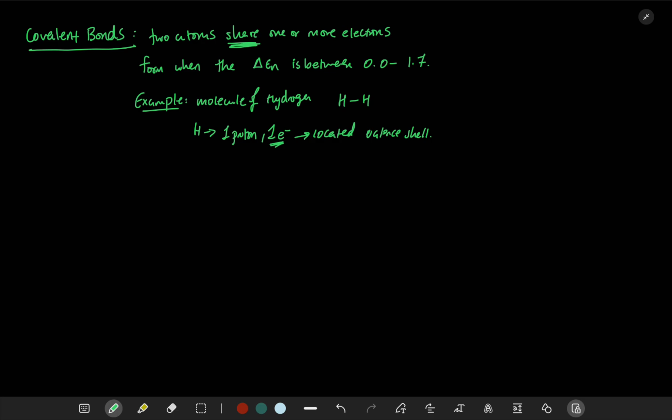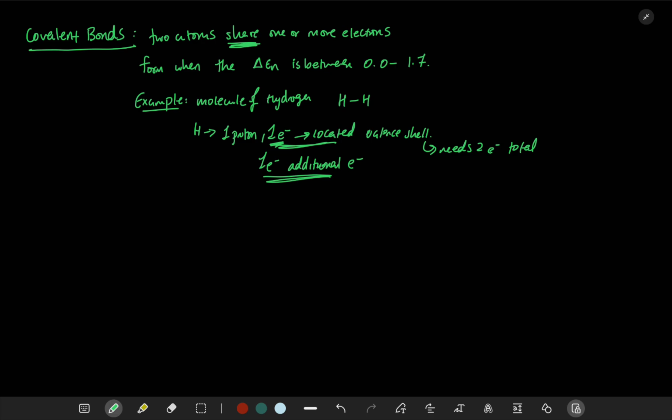So in order for it to get into the stable configuration, it needs 1 additional electron, right? Because this valence shell needs 2 electrons total to fill it up and for hydrogen to be stable. And so one's already located in the periphery of the atom, that's inherent to the hydrogen atom, and then you need 1 additional electron.